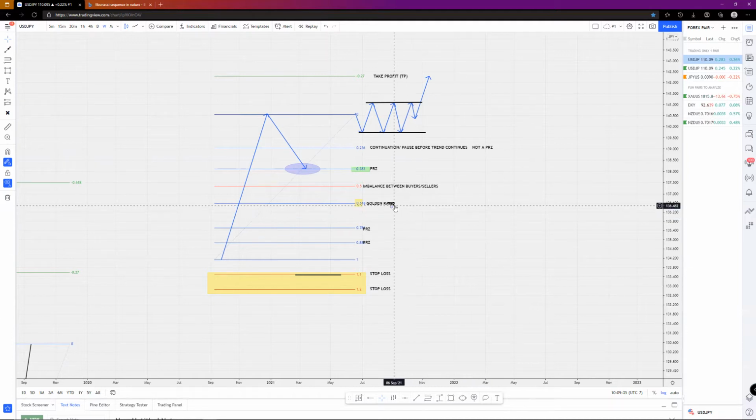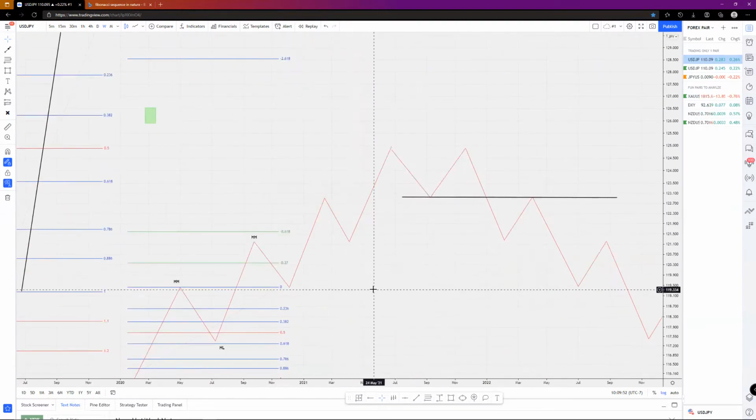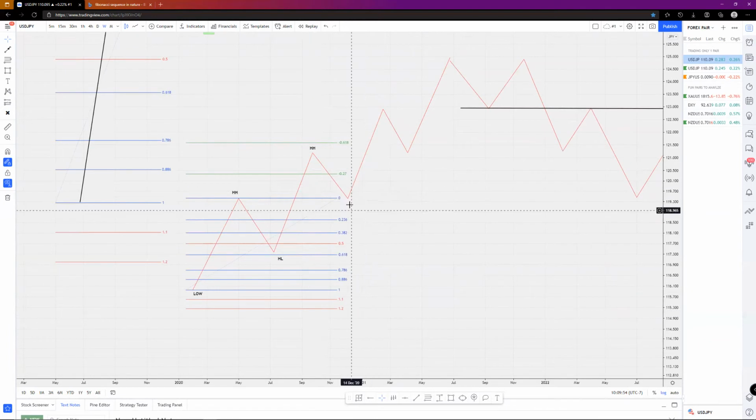And sometimes you can find an entry point on a 28.6. It's just you have to understand this is like a standstill in the market where it reached, slowed down, stopped, paused, and at the same time continued the trend it's been on, considering the momentum not being there to push it back down.